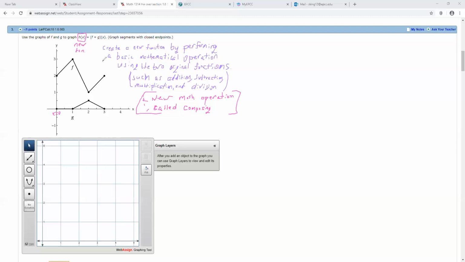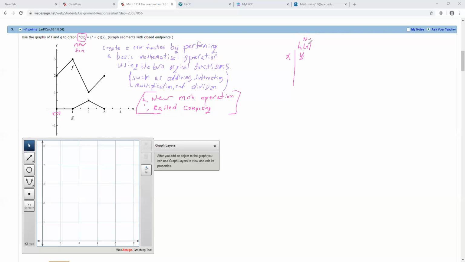So unless they ask a really tricky question, which they're not going to, at least on this section. So all we got to do is make a table, and we could do it mentally or visually as well. And we can say y, but this y is going to be the new function h of x. And so this one's the new one.